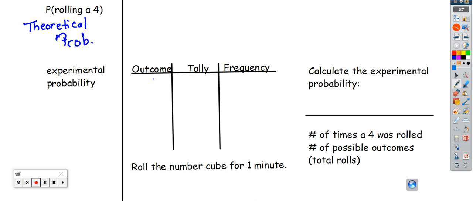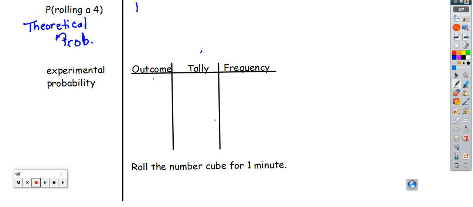Well, we know on a die there is only one 4 out of the 6 numbers. 1 divided by 6 is 0.1 and 6 repeating, so I'm going to round that to 7, and that is a 17% chance of rolling a 4 on a die.